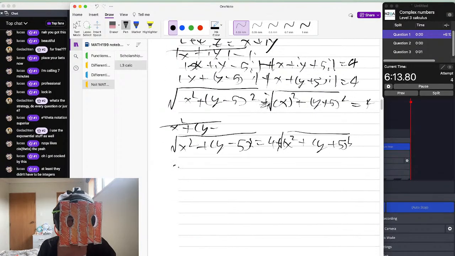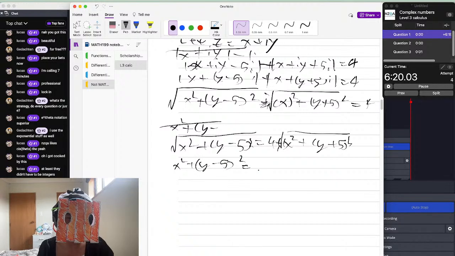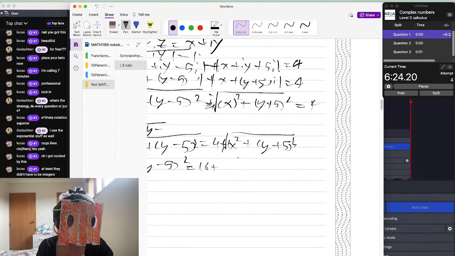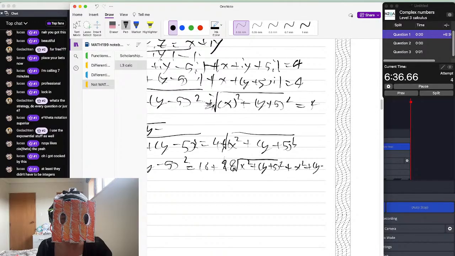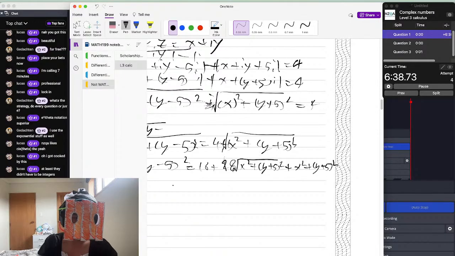And square both sides, that's going to give us x squared plus y minus 5 squared equal to 16 plus 8 square root of x squared plus y plus 5 squared plus x squared plus y plus 5 squared.